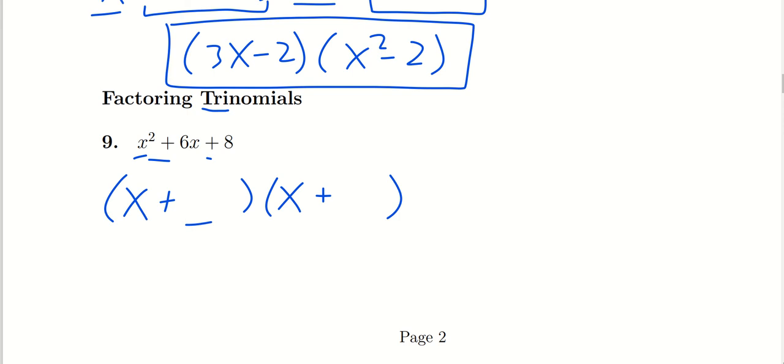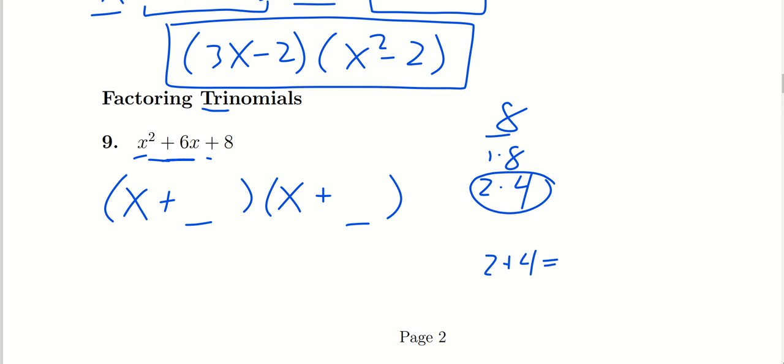And then the last numbers have to be numbers that multiply to give 8. But in addition, they have to combine and add to give the middle term, which is 6. That combination of 2 times 4 will give us the 8, but also 2 plus 4 gives us 6. So it should be x plus 2 times x plus 4 is the correct factorization.